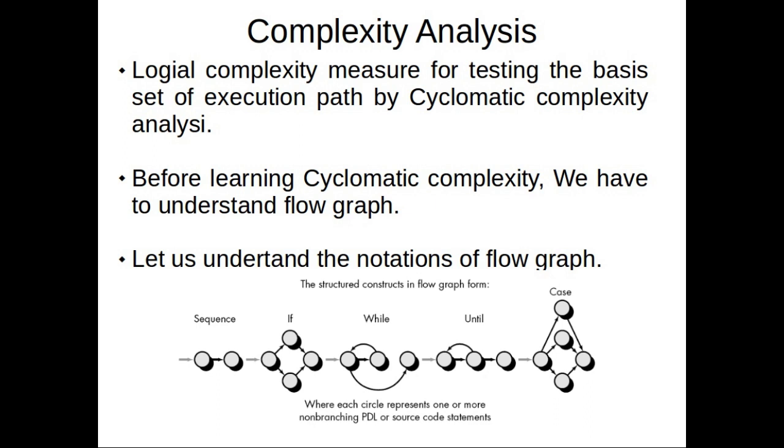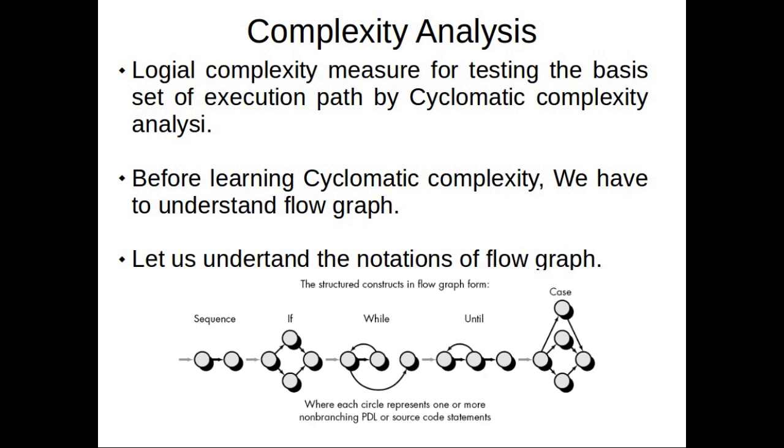Each circle represents one or more source code statements. The structured constructs in flow graph form can be the sequence form, if conditional form, while form, until form, or case statement forms.